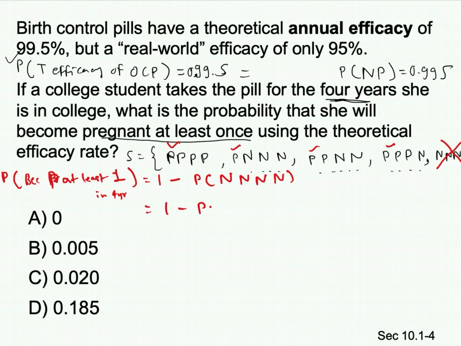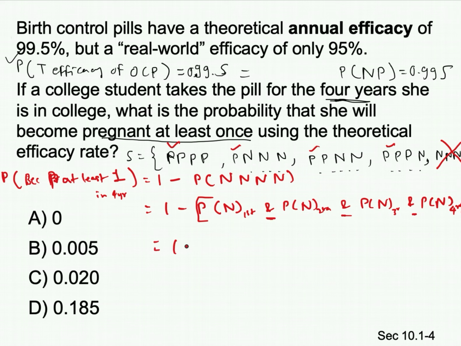You can also write it as the probability of not becoming pregnant in the first year, and the probability of not becoming pregnant in the second year, and so on. Since we have to use the multiplication rule, we have to assume that in all 4 years the probability remains the same over a period of time.